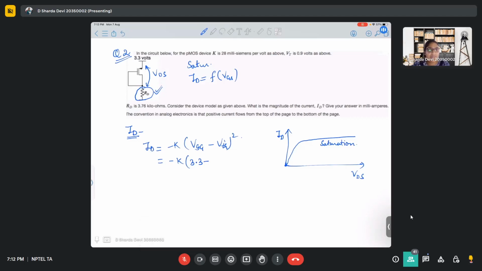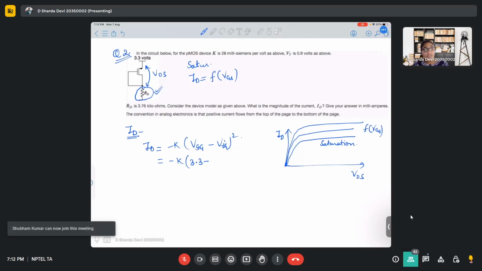Can we say that ID is a function of VDS? No, right? But it changes with your VGS. Definitely, it changes with your VGS, right? So that's why it is a function of VGS. But with VDS, since it is always constant, it is not a function of VDS. That's why in saturation, your MOSFET current is always a function of VGS, not a function of VDS. Clear?